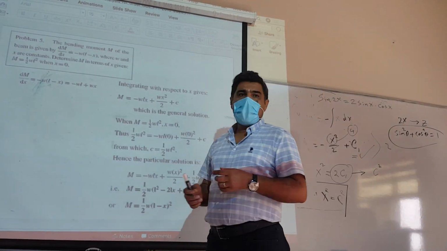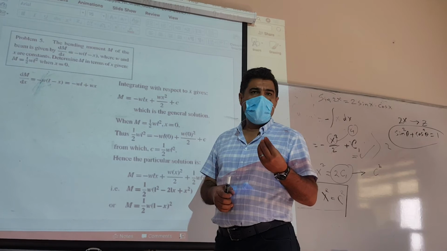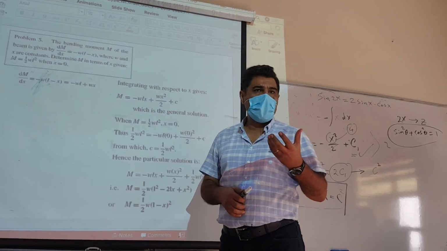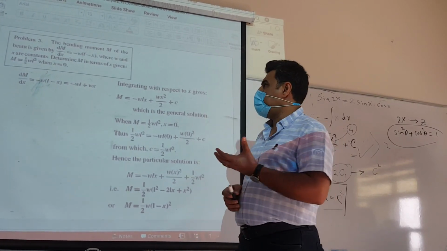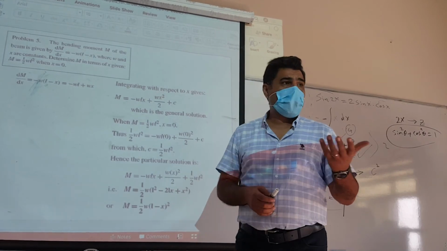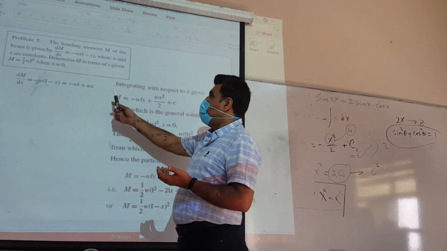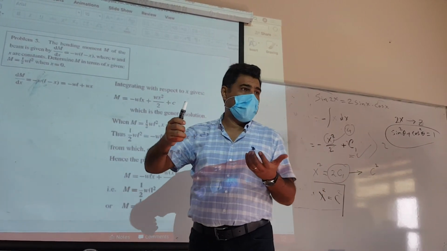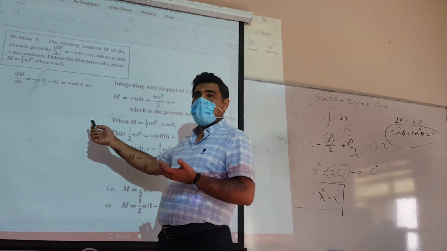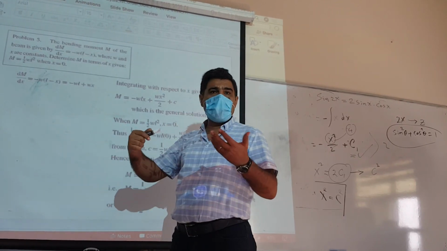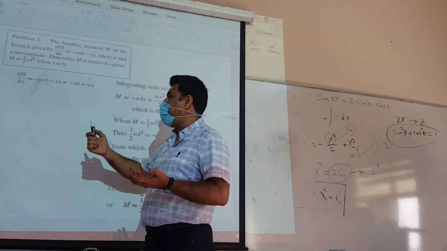This is a real example which you may face when you are dealing with concrete, bending moment. So this is one of the things that you will face in engineering as a real number.